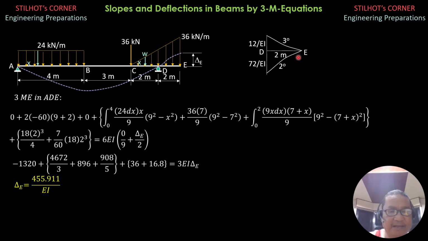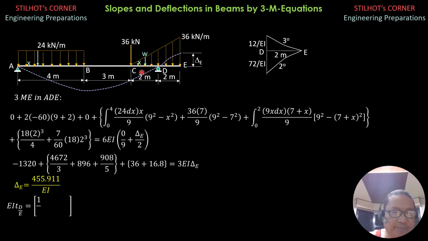This is the moment diagram by parts for portion DE at D. For simplicity, imagine that this trapezoidal loading is transformed into rectangular loading less this triangular loading. So for the rectangular loading, 36 times 2 times 1 is 72, second degree curve. And we subtract the triangular loading, which is 1/2 of 2 times 18, moment arm 2/3, and that's 12 over EI, and it is third degree.